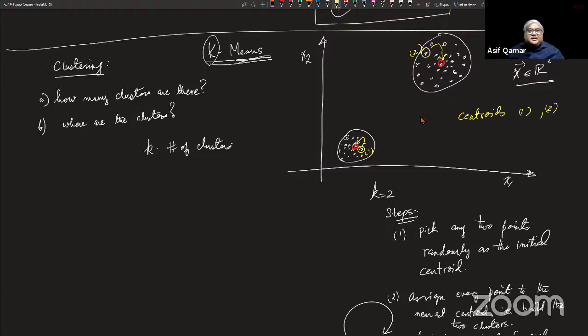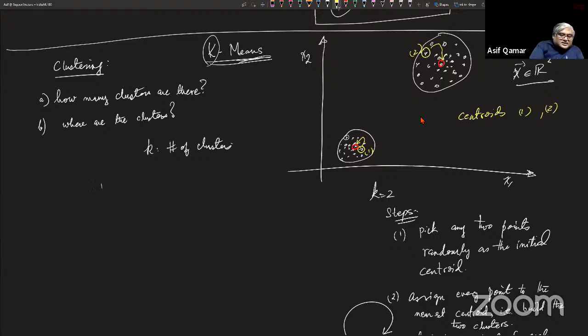So this is a happy example where the data is clean. Your initial guesses were good, and because your initial guesses were good, you quickly move to the centroid. Now, it may not always be true. Let us now look at the same data, but with bad guesses and see if it still works.